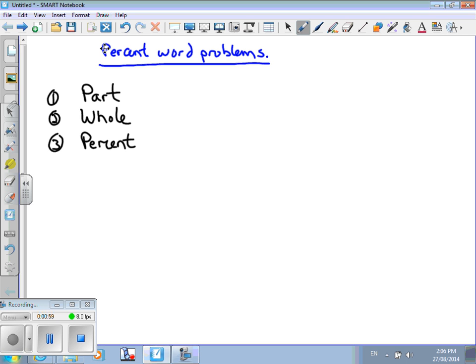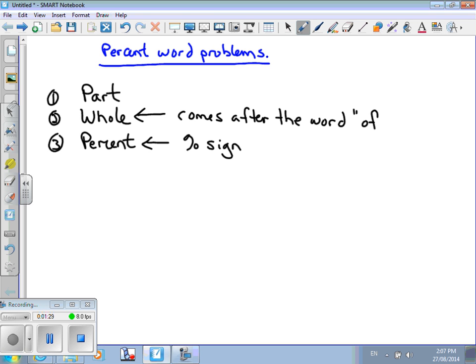The percent is always the thing that has the percentage sign with it. It'll be easy to pick out. The whole, for the most part, comes after the word of.